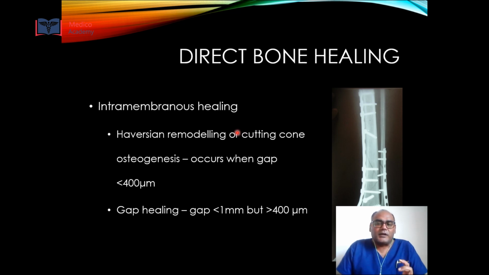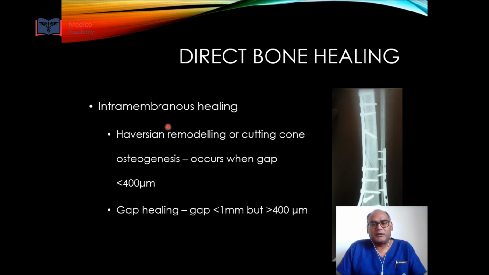Indirect bone healing had two tissues formed. If you remember, it was a fibrocartilage. So there was both intramembranous and endochondral ossification involved in indirect bone healing through callus formation. But in direct bone healing, it is only the intramembranous tissue which forms and it directly heals into bone.